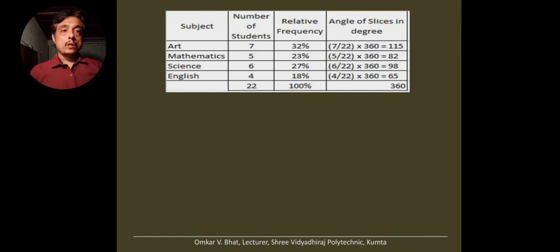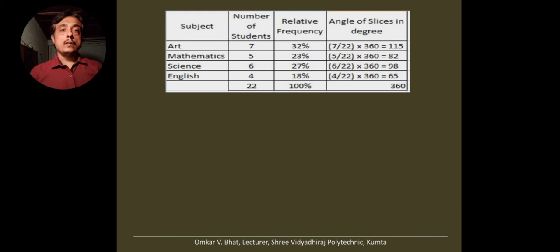See, in order to calculate angle of slices, you need to divide the frequency by the total frequency, and the answer is multiplied with 360. ಯಾಕೆ 360 ಅನ್ನೇ ಮಲ್ಟಿಪ್ಲೈ ಮಾಡಬೇಕು? Because in a circle total angle is 360 degree. 360 means 360 degree here.